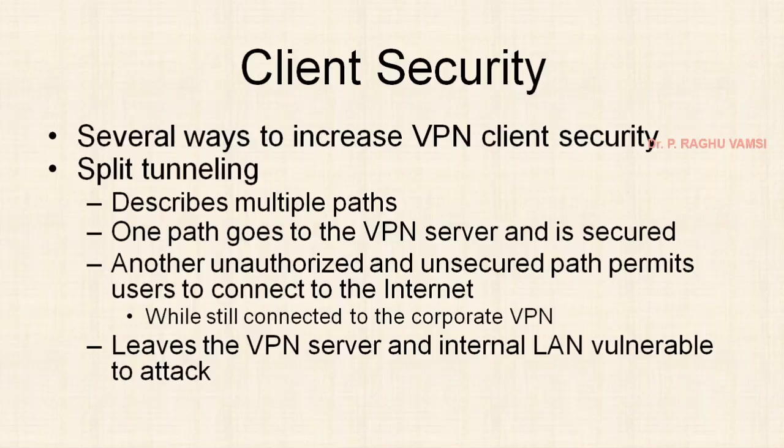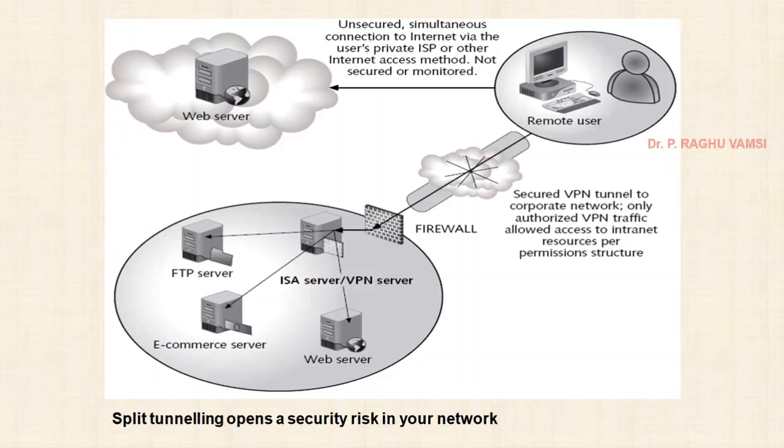So because of the multiple paths, one may be secured and one may not be secured. In such cases, the user may go for the unsecured branches sometimes, while still connected to the corporate virtual private network, but still the user will be in a position to connect to the internet from another route. This leaves the virtual private network server and internal LAN vulnerable to attack.